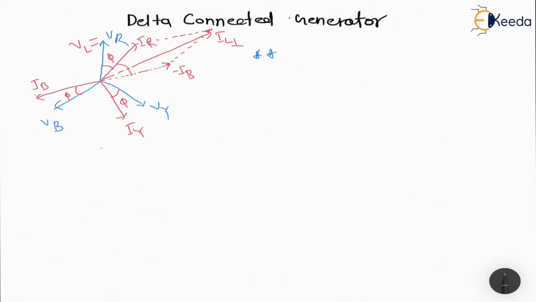Next point is when we are taking IL1 as reference.